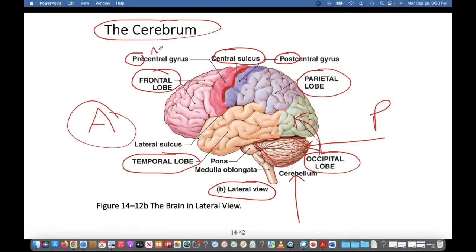Precentral is where all of your motor information begins for all of your muscles and moving all of your extremities, whereas post-central, that's where all of your sensory input ends up. As it ascends up your spinal cord, it's going to finally synapse at the post-central gyrus.